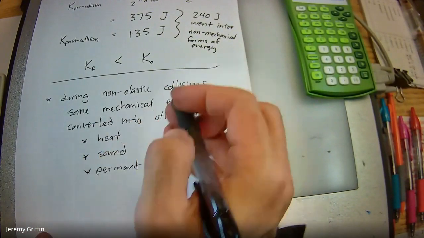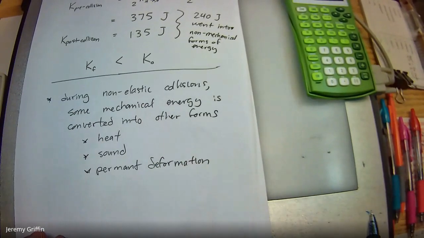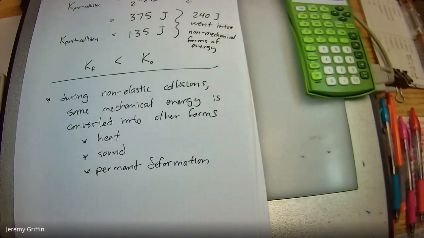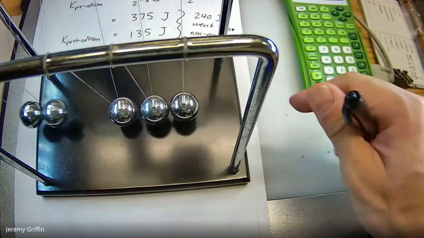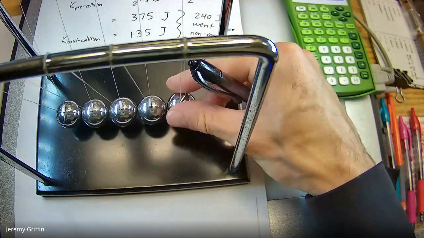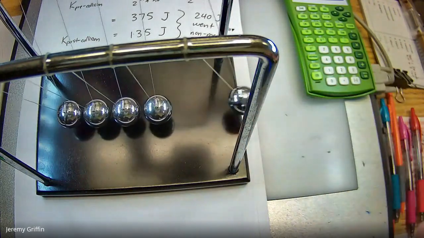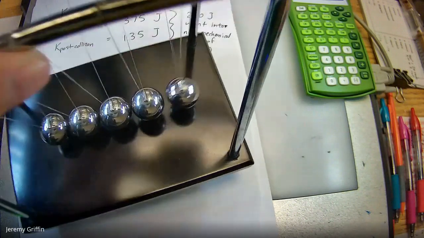Now, notice I said non-elastic collision, because there is one exception to this, and that would be an elastic collision. An elastic collision just means something super bouncy. Here's the closest example I have in this room. Something like doing that. Probably as bouncy as you can get.